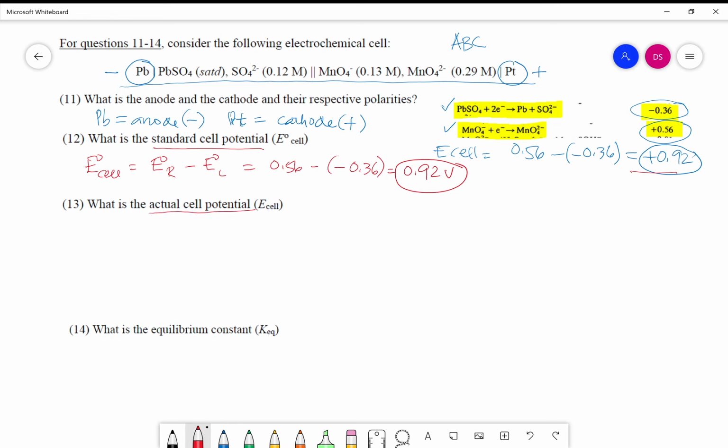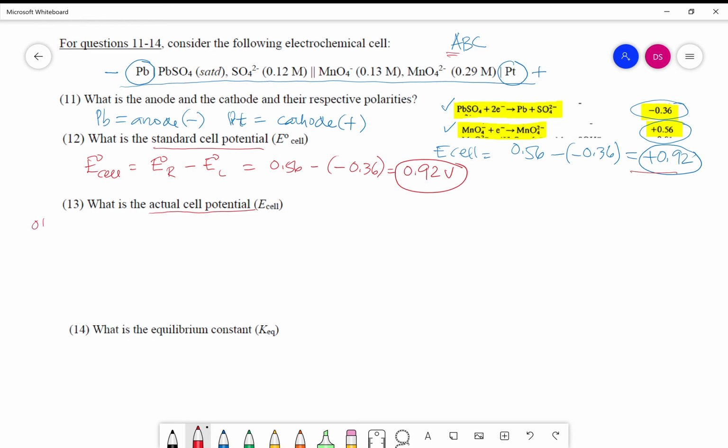This is a little bit complicated because we have to find the overall reaction. To write the overall reaction, we can get the clue from the way it is written in the cell notation. What happens at the anode is always oxidation, right? So therefore, lead is oxidized and manganese is reduced on the other side.